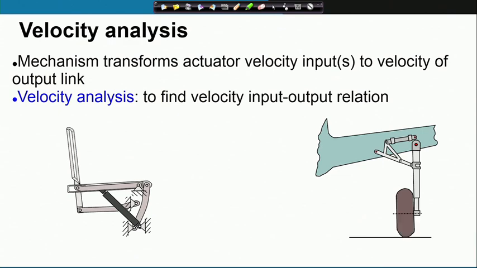So, the velocity analysis problem has been defined as finding out the input output velocity relation.